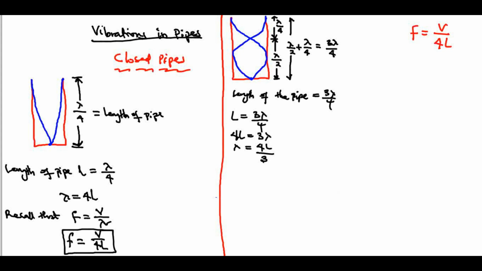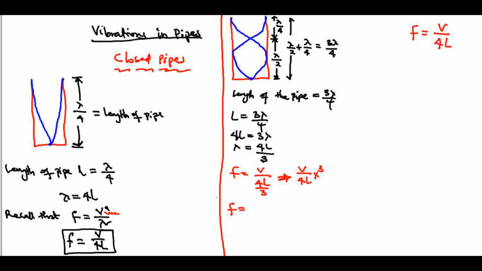And if I throw that into this, I'm going to have F is equal to V over 4L over 3, which will become V over 4L times 3.